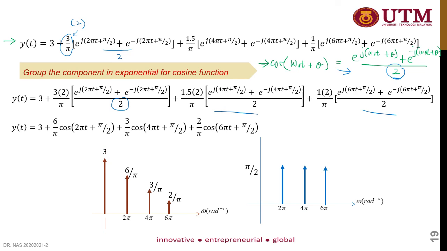Now you convert everything into cosine functions. This is already a cosine function, this is the second component, and this is the third component, with 6 over pi, whatever is inside the bracket. So you already have the trigonometric equation.